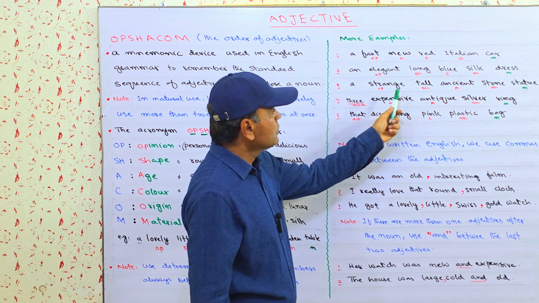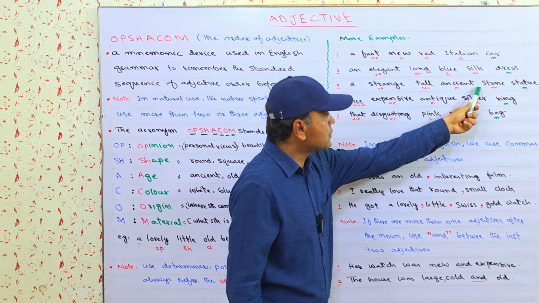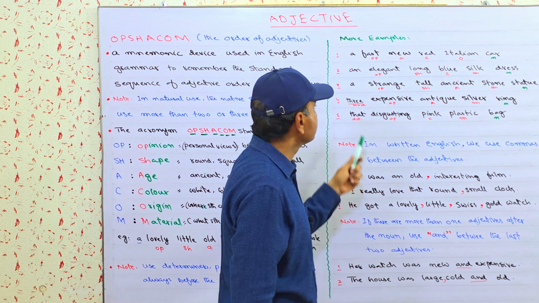A strange, tall, ancient stone statue. Determiner, opinion, shape, age, material, and then noun. Three expensive antique silver rings.